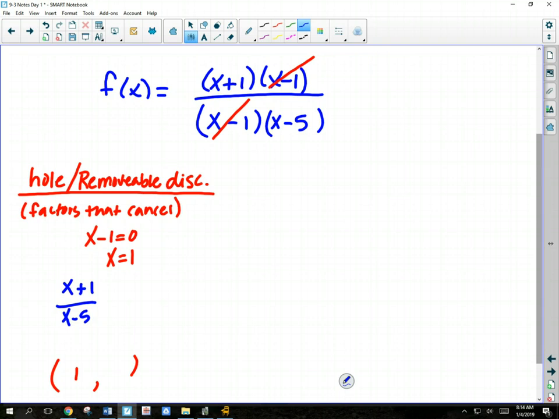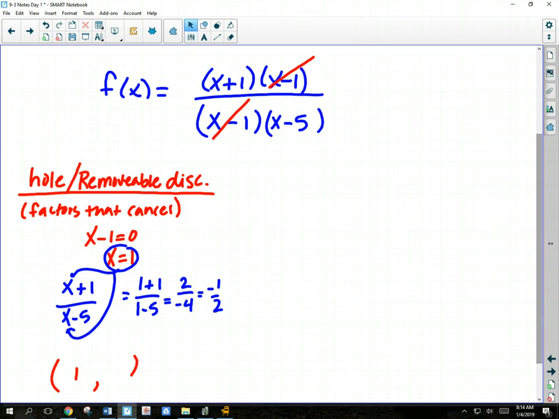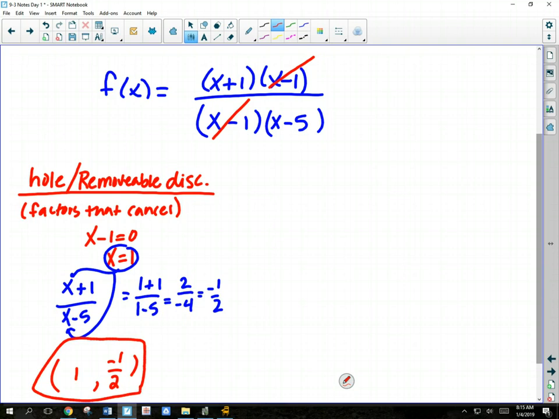What I will do is plug this x value in to both of those spots, and I will get 1 plus 1 over 1 minus 5, which is 2 over negative 4, which becomes negative 1/2, okay? That will give me the y value of my hole. So my hole is at 1 and negative 1/2. So that's where my hole is.